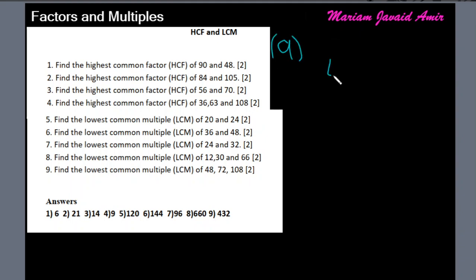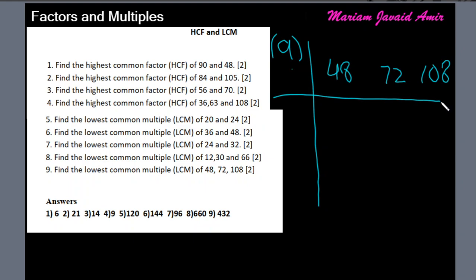So we have 48, then we have 72, and then we have 108. Okay, so 2 is the smallest common number that would divide all of these. So 24 over here, 36 over here, and 54 over here.